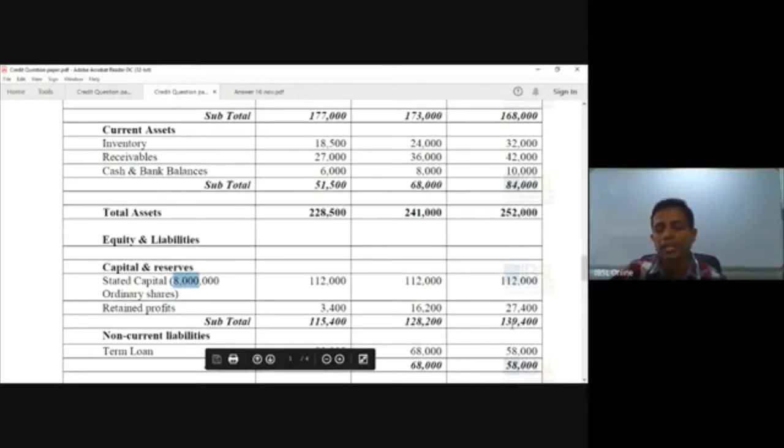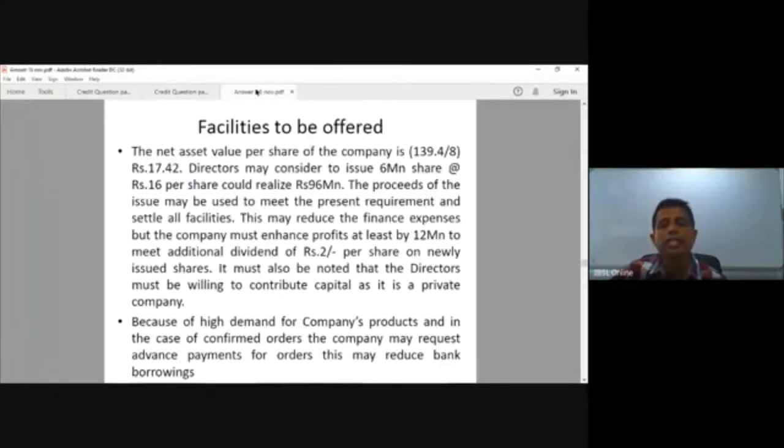Therefore, net asset per share is calculated as 139.4 million divided by 8 million shares. That is 17.42 rupees. Directors may issue 6 million shares at rupees 16 and realize 96 million. The proceeds of the issue may be used to meet the present requirement and settle all the facilities. If you can raise 96 million, then better, right?